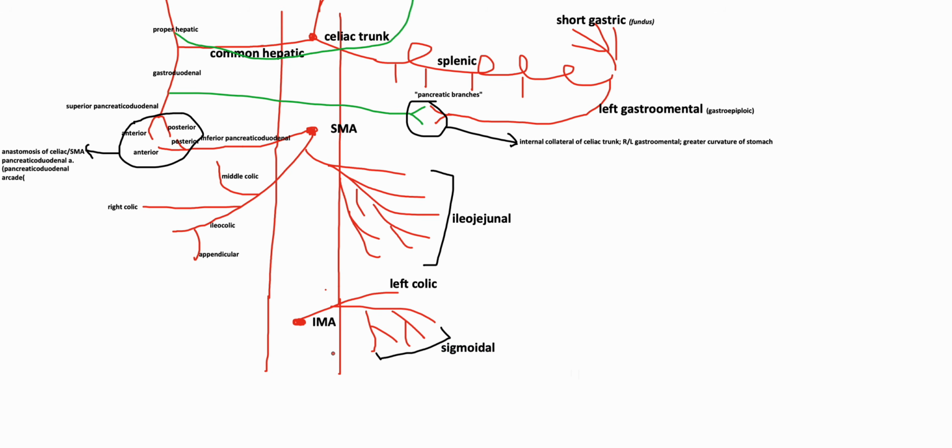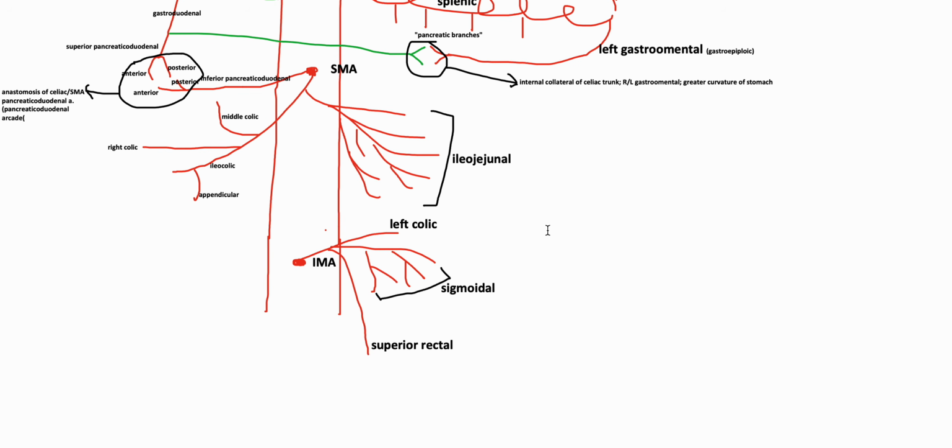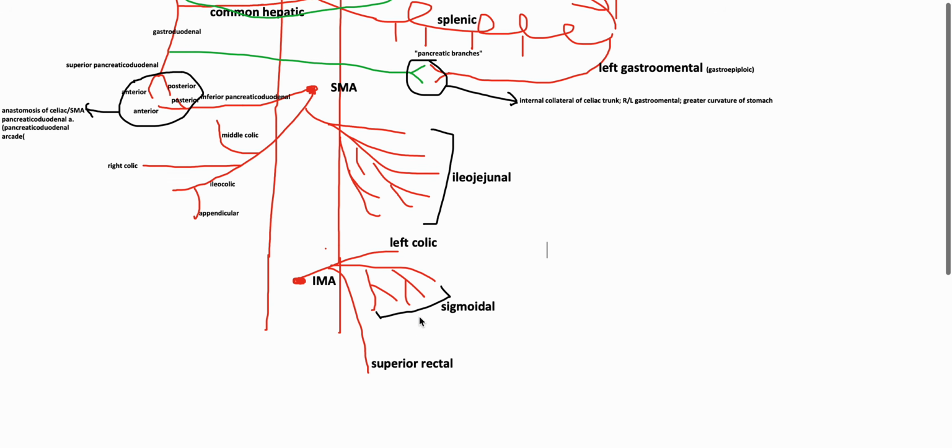And then lastly, the continuation of the IMA will come down and become the superior rectal artery, going to the top of the rectum. Okay, so the IMA only has 3 branches: the left colic, the sigmoidal, and the superior rectal arteries.